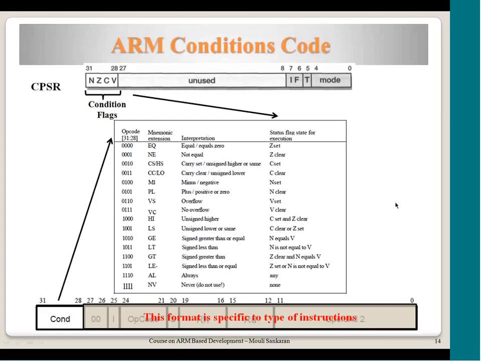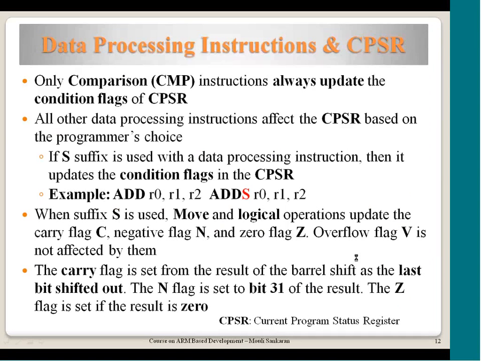So when an instruction does not have any of these mnemonics, the condition bits in that instruction will be set to 1 1 1 0. I hope you understand that. In the earlier case, we showed that S indicates whether a particular instruction can impact the CPSR or not. Every instruction can decide whether it can affect the values of the CPSR or not.